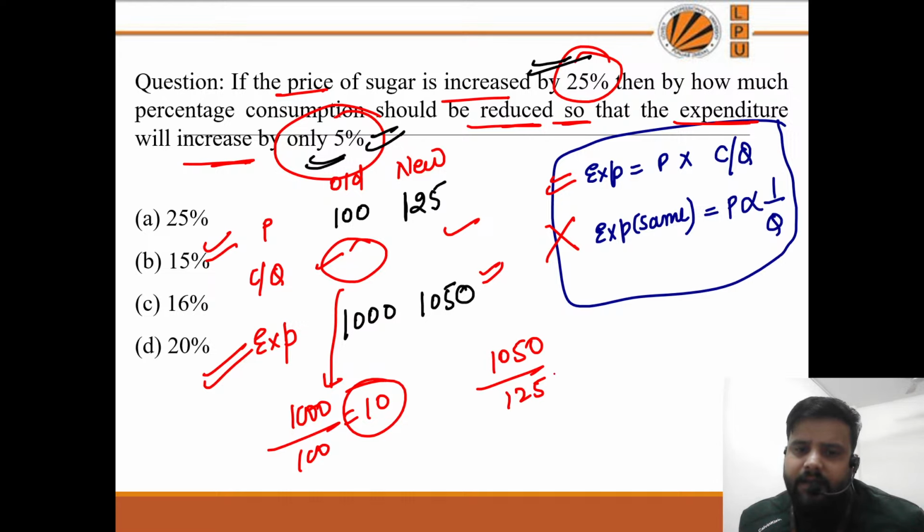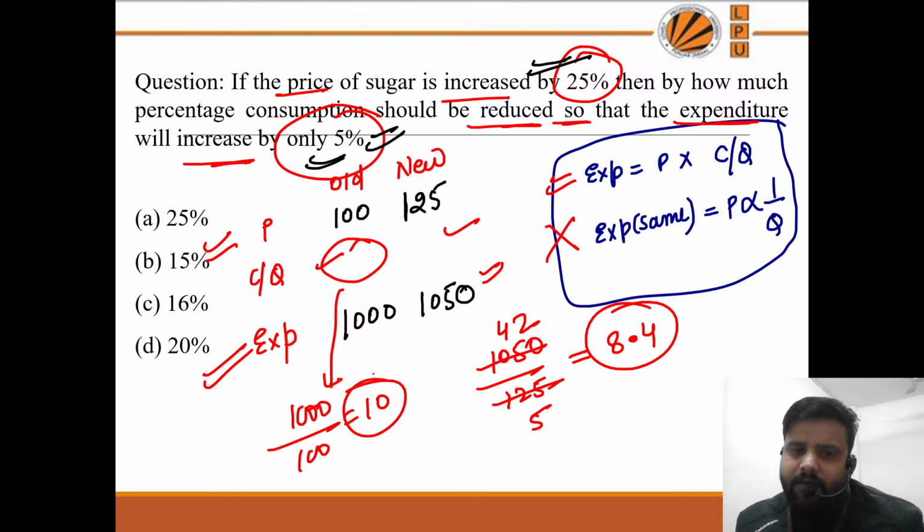So you can solve it further. 25 five times, 25 four times, and 2 times. So your new quantity is 8.4.